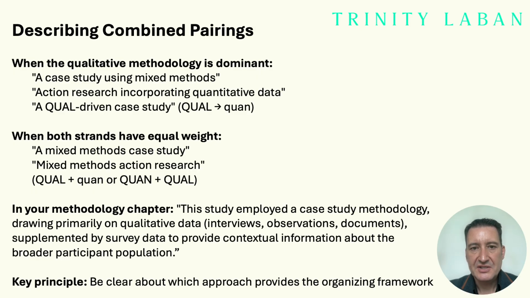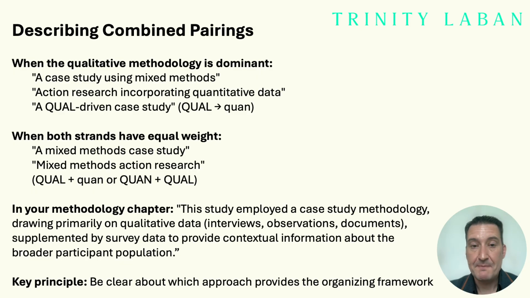You might also want to describe it using a notation system. So you might put the qual in big capitals, and then you might have an arrow showing that you're moving onto quantitative data. So the capitals indicate where the weight lies. However, you might also be moving towards having equal weighting between both strands. So if the quantitative and the qualitative are balanced, in that case you might flip your language and describe it as a mixed methods case study, with mixed methods first.